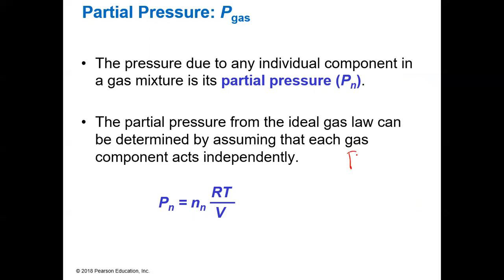The ideal gas law, PV equals nRT. If I know everything and I'm solving for pressure, I'm going to divide both sides by V. V cancels, and P equals nRT divided by V. You'll notice that they pulled the n out here.